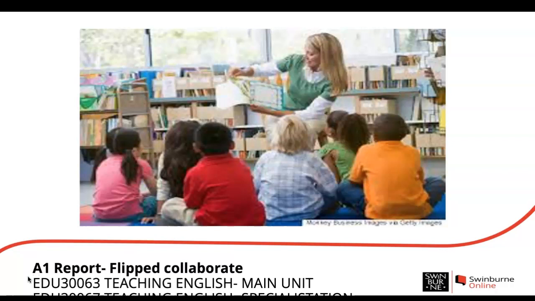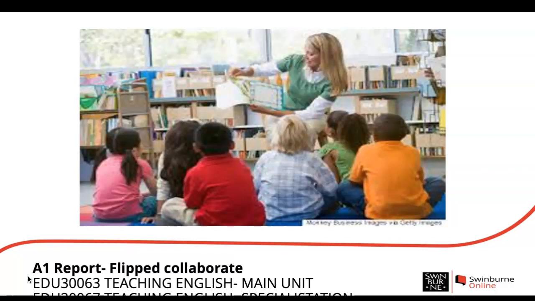EDU30063, which is the main unit of teaching literacy, as well as those who are in EDU3067, which is now our new teaching English specialization unit. So we've actually had the unit broken up into two, just to save confusion, and to make sure that the advice and everything is tailored to both of those separate groups.